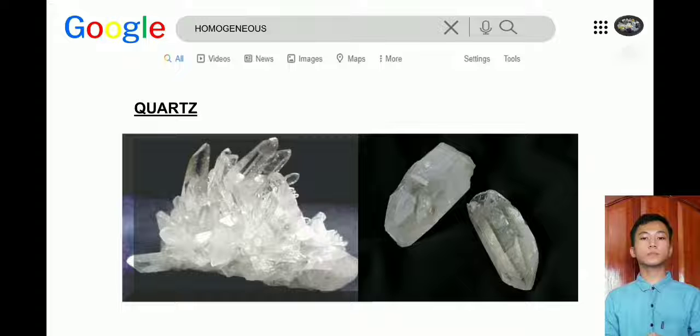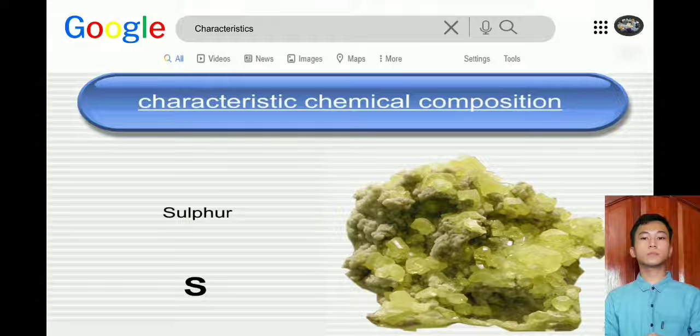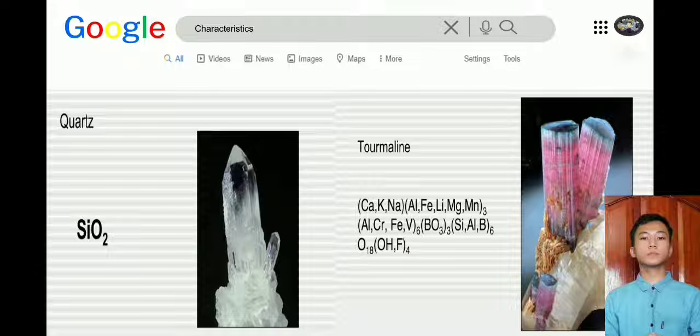Homogeneous. One of the types of homogeneous rocks is quartz, and this is how it looks. Characteristics: chemical composition. Sulfur with a chemical symbol of S. Quartz, silicon oxide, and tourmaline.